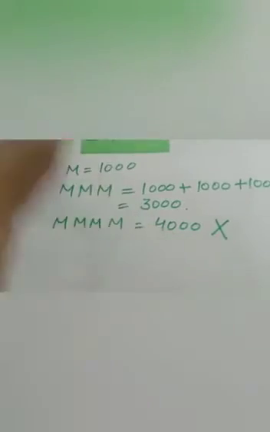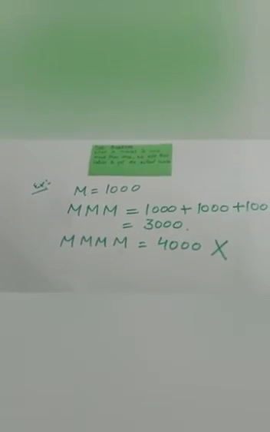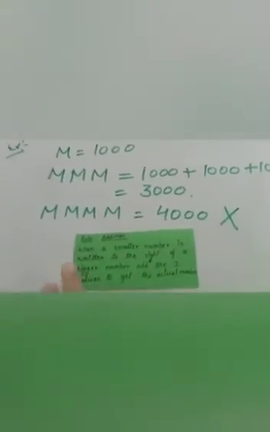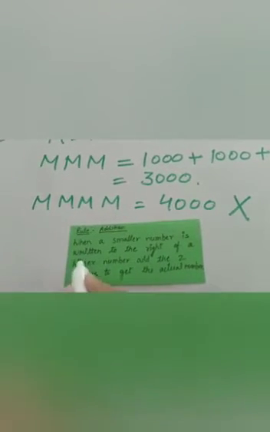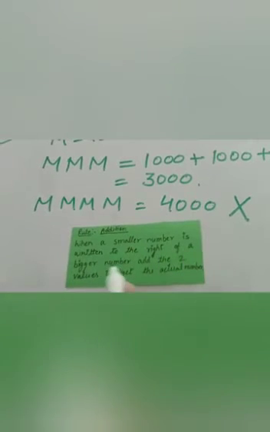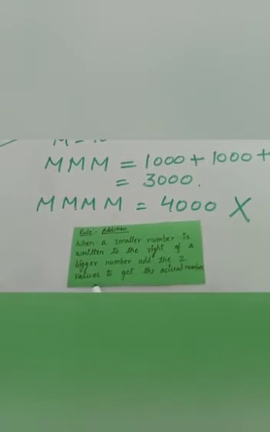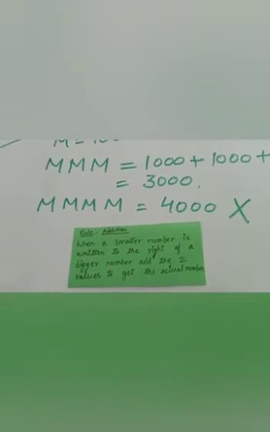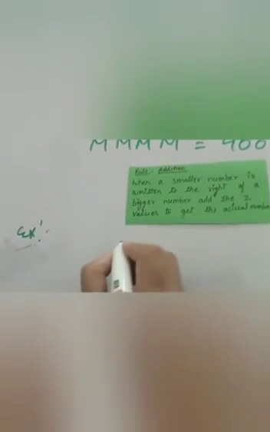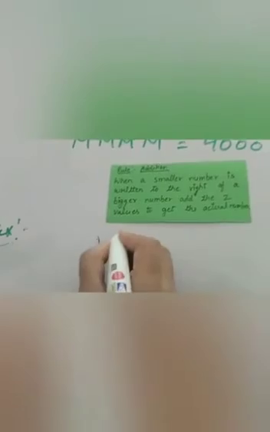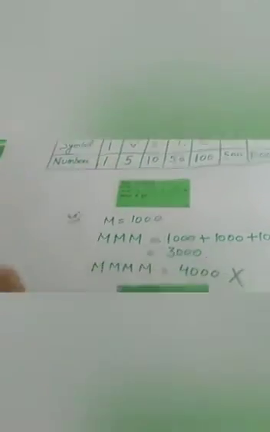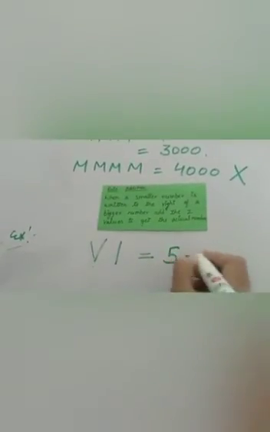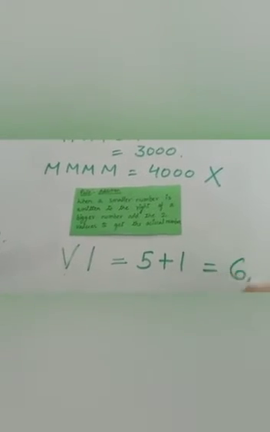Now rule number 2, the rule of addition. When a smaller number is written to the right of a bigger number, add the 2 values to get the actual number. For example, this is VI. V represents 5 and I represents 1. So 5 plus 1 is 6.